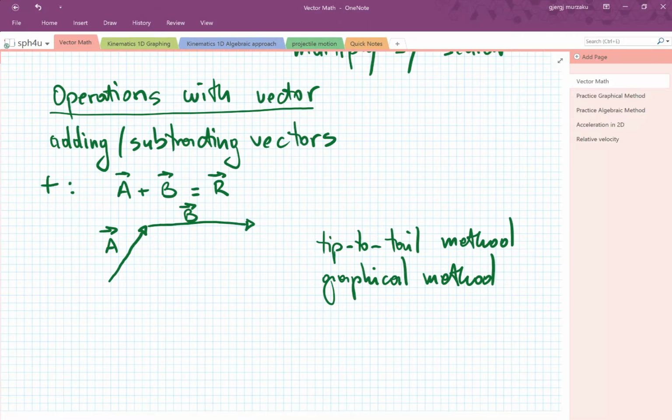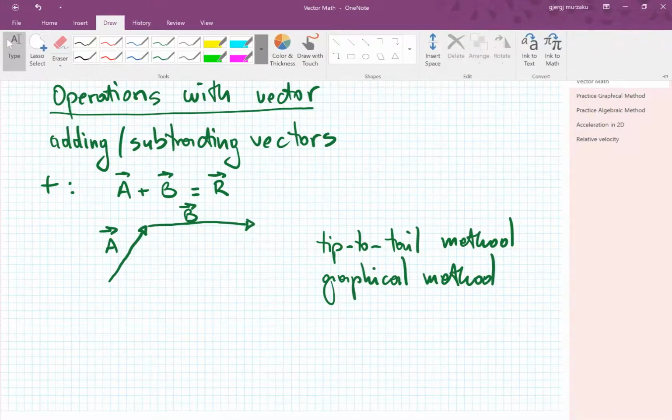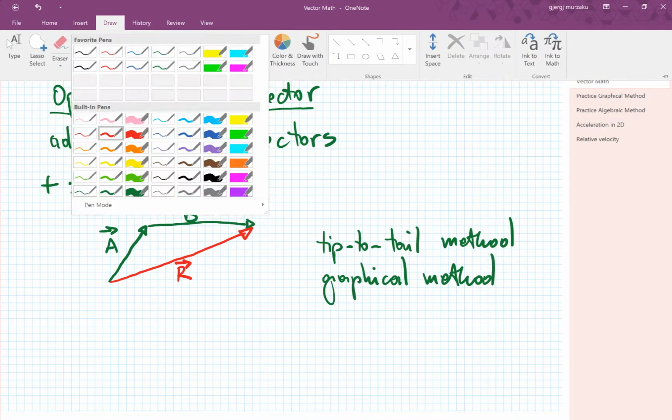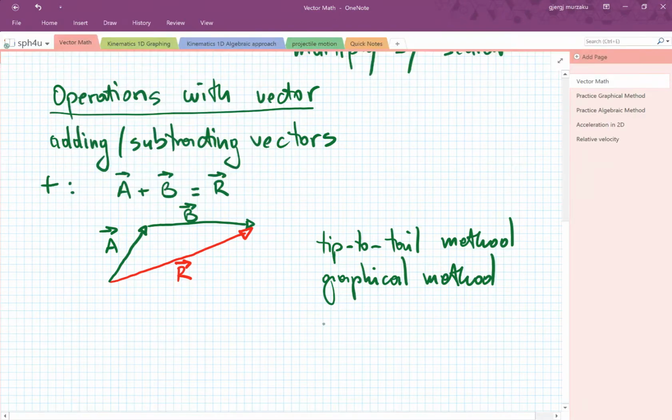We have more. So vector R, let's use red, is this one here. As you can see from the shape of that figure, we could give this method another name, and that is known as the triangle method.